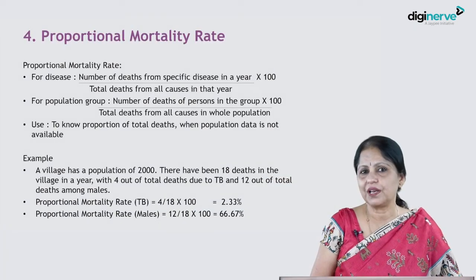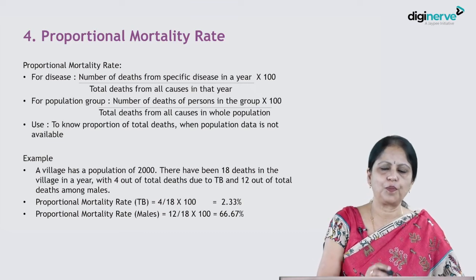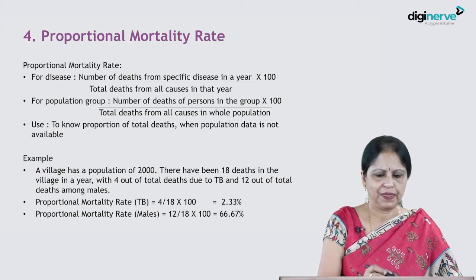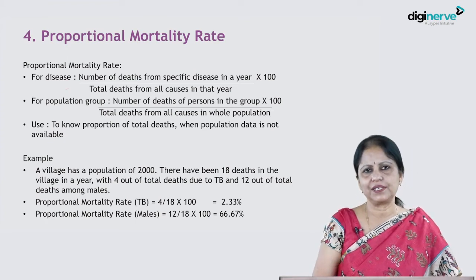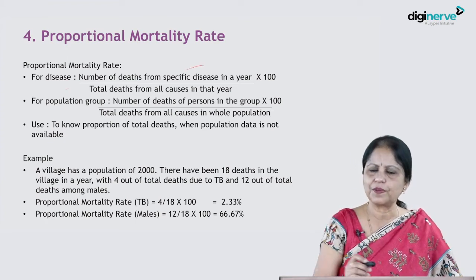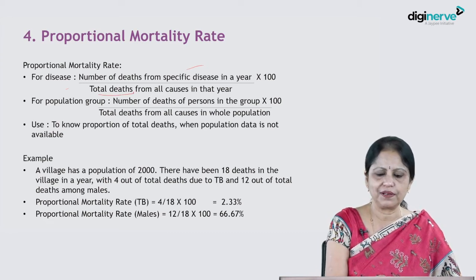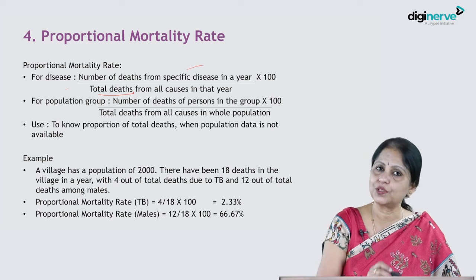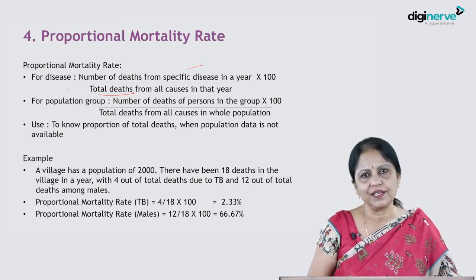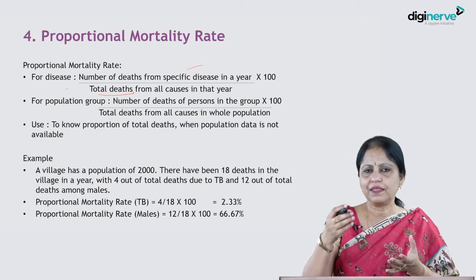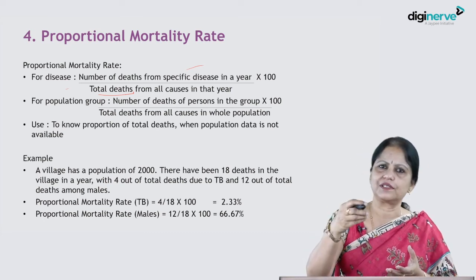Next is proportional mortality rate, that is the proportional death due to a disease or in a population group. So for a disease, it is calculated as number of deaths from a specific disease in a year divided by total deaths. Remember, in this the denominator is total deaths that are occurring in that year. So out of the total deaths occurring in the year, how many were due to this disease?